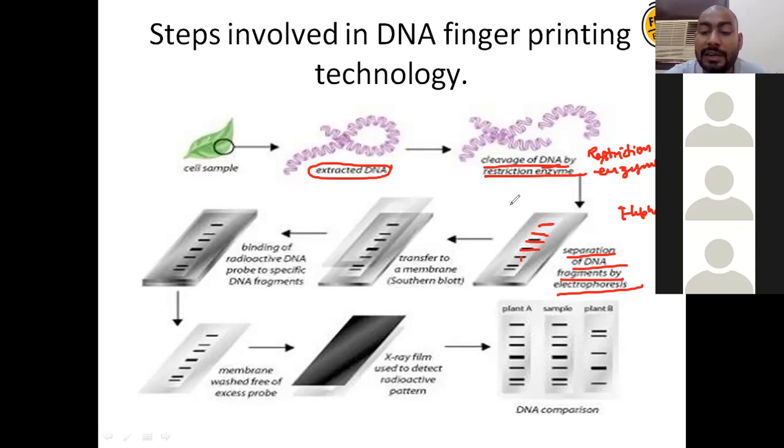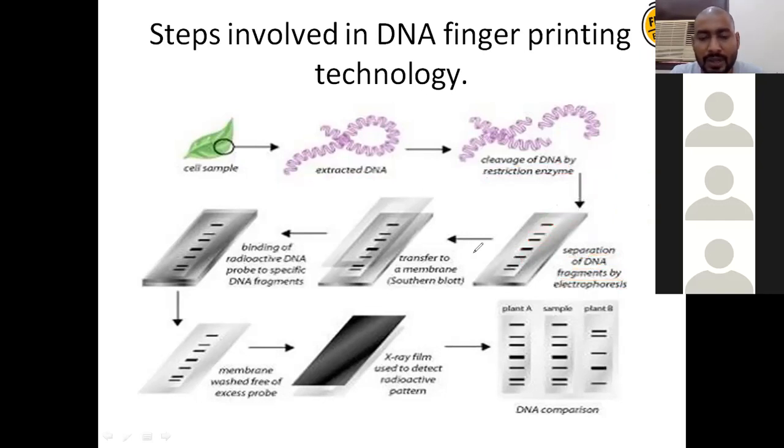The large DNA molecules move very fast and go down, and the small DNA molecules, the short stretches, stay at the top. That is called the well, near which we load the DNA molecules.